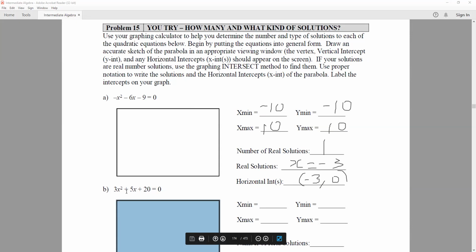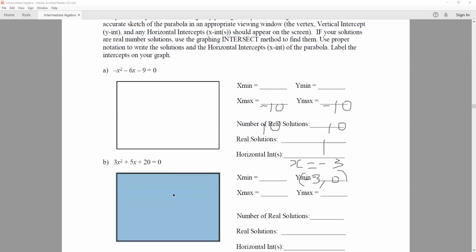All right, let's try the second one, b. Now, for b, we have 3x² plus 5x plus 20 equals 0. So we go back to the calculator, and we are going to do this all over again.